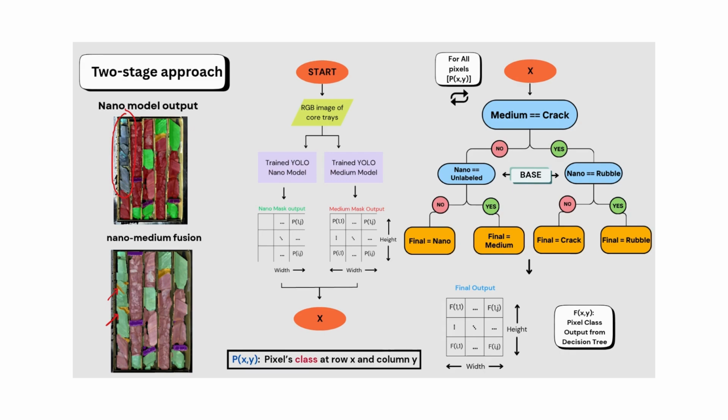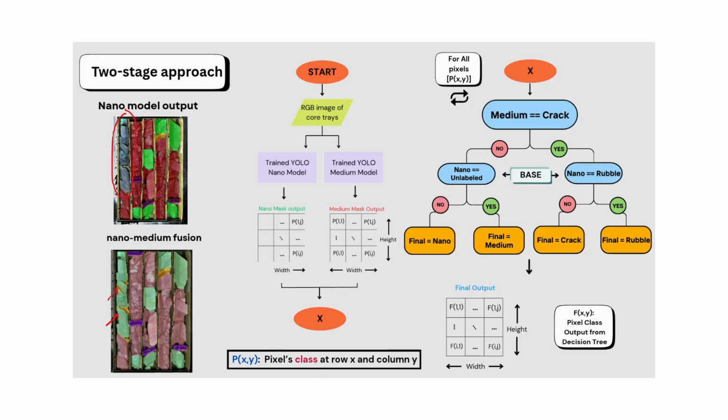If the nano was not rubble, however, we would then use the medium model to fill in the cracks. The reason why we don't fill in cracks over the rubble segmentations is because rubble might contain similar characteristics and features as cracks, and so we would want to avoid any mislabeling.